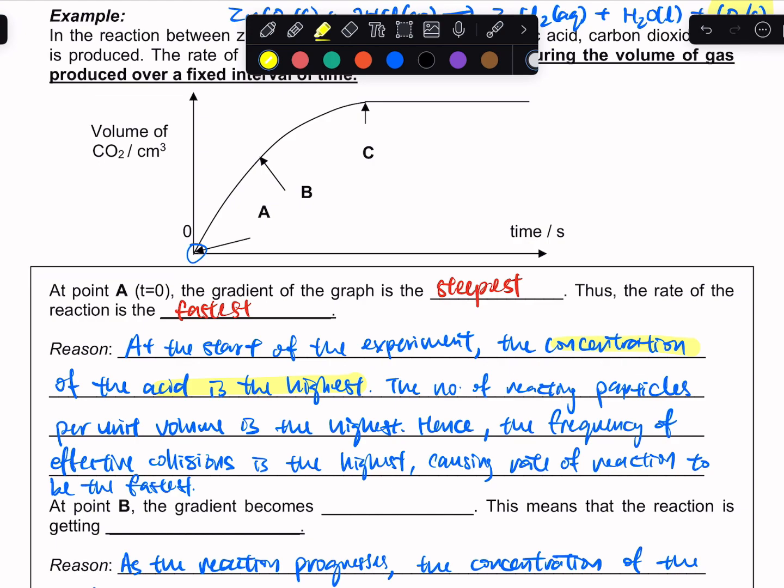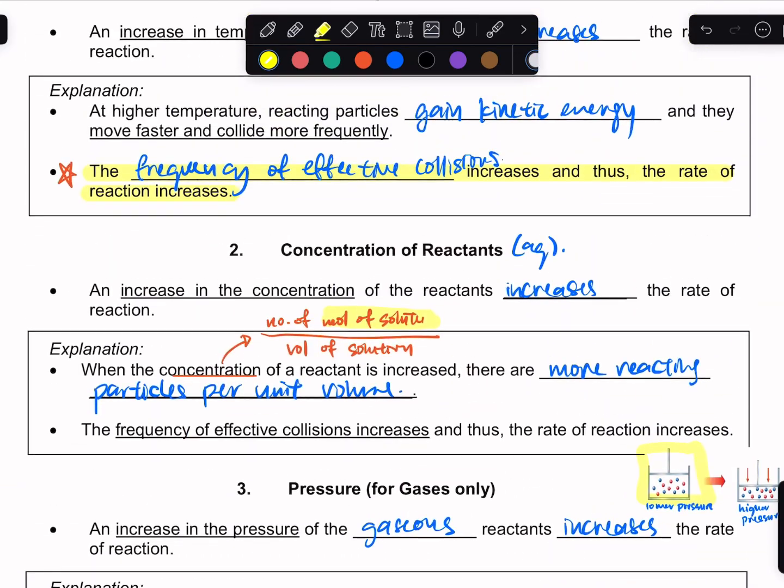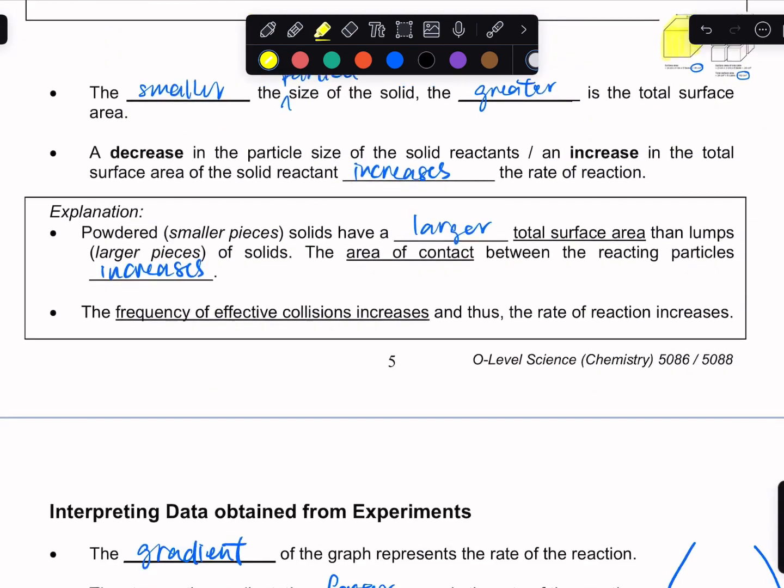How I explain this actually links back to the part on concentration of reactants. When you talk about concentration of reactant being the highest, that means it has the most reacting particles per unit volume. This means that the frequency of effective collision is the highest, and hence the rate of reaction is the fastest.